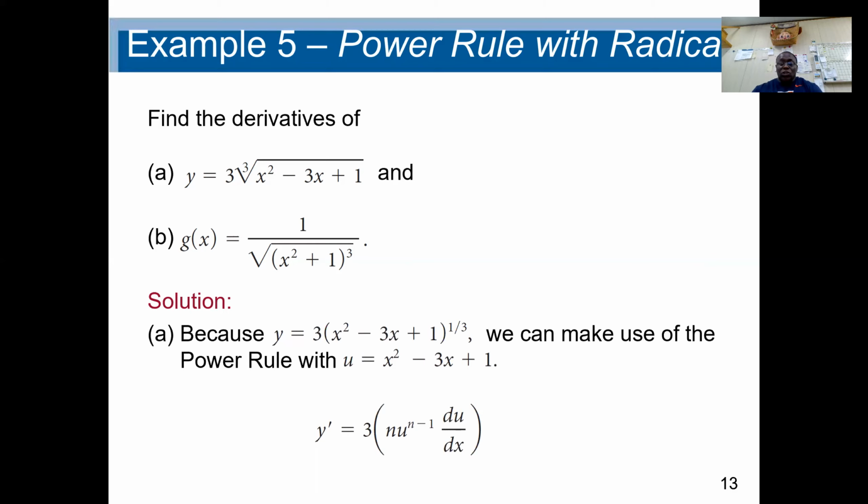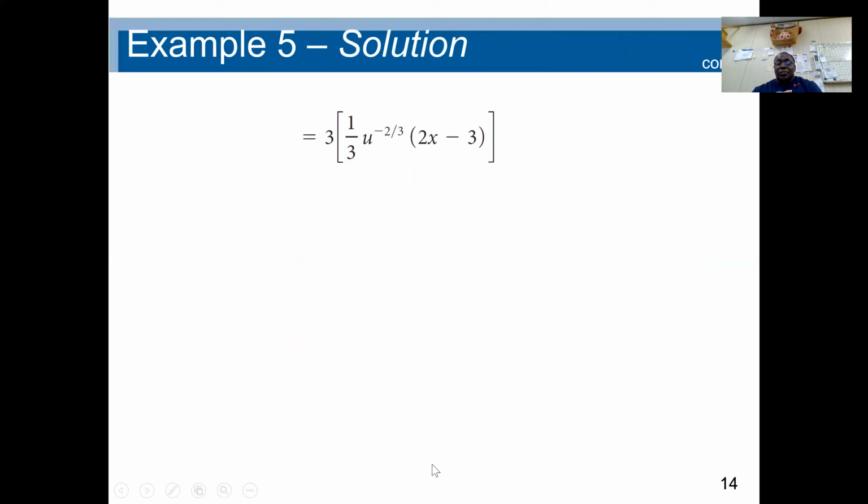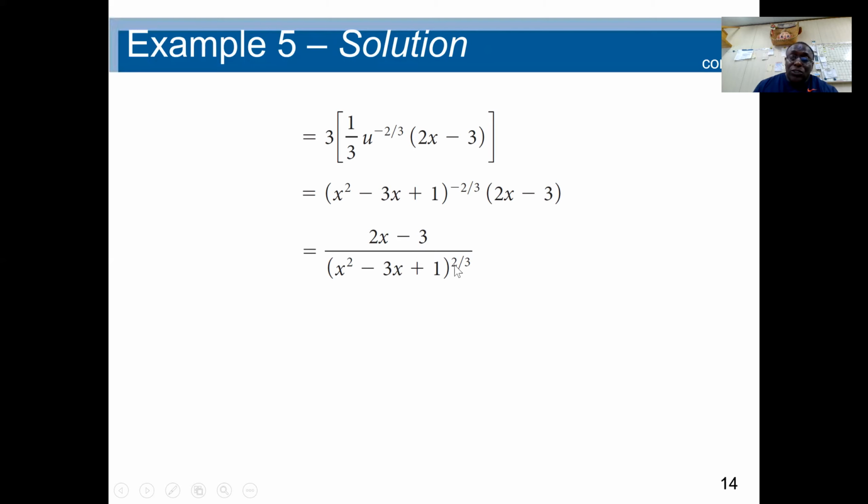So here you can see that we are using the chain rule. We have a constant value 3, we didn't touch it. But inside here, we say n times u raised to the power n minus 1. Then this is the chain rule, so we find the derivative of u with respect to x also. So here you can see we have 3 times 1/3 u to the power negative 2/3, then times the derivative 2x minus 3. Everything here is negative, so it goes down.